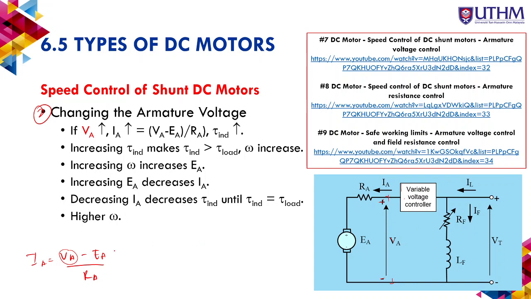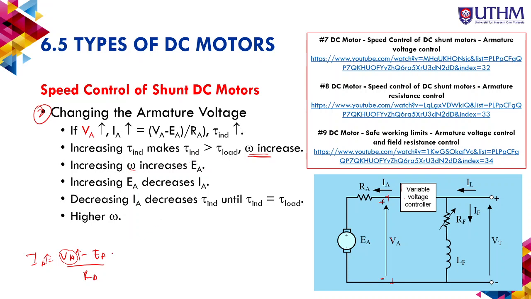So what happens when VA increases? IA will increase, and when IA increases, the torque will be increased. So torque induced becomes more than torque load, and then the speed will be increased. When the speed increases, EA will be increased.